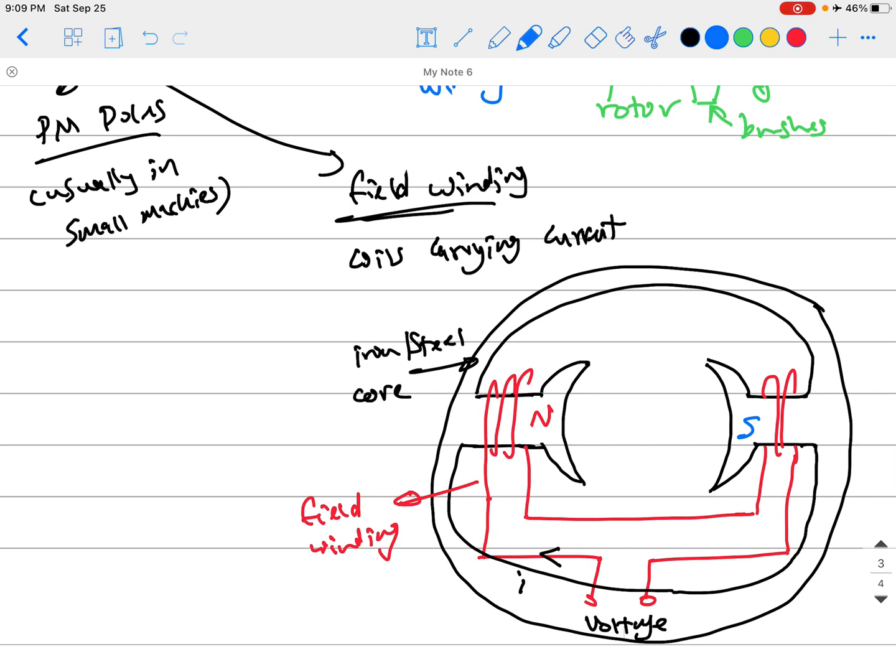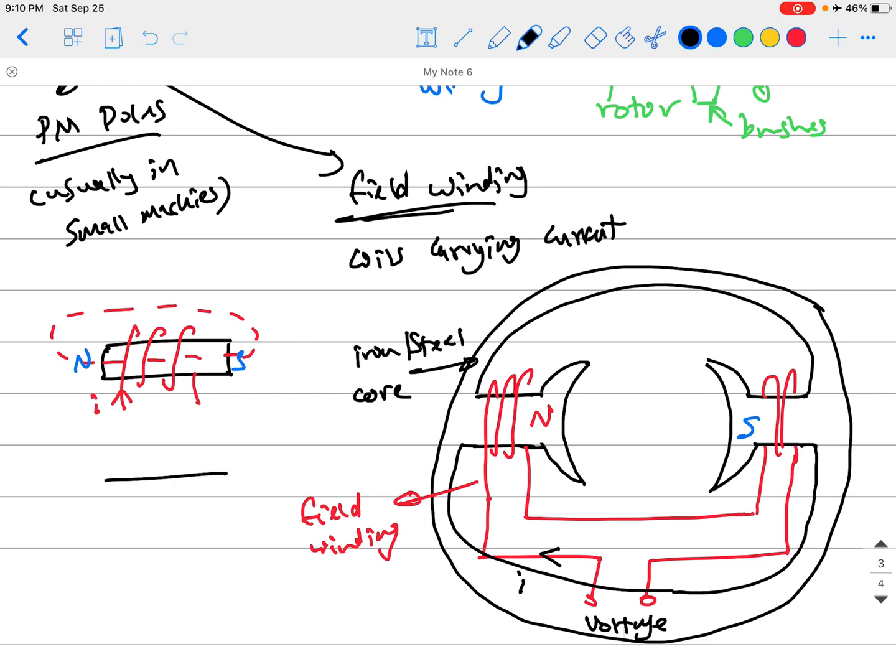I remember this from electromagnetic field studies. It is just the direction. If you have a piece of iron like this and a coil wrapped in this direction, and the current is going like this, it will create a magnetic field going around like this. So from here, this will be the North Pole and this will be the South Pole.